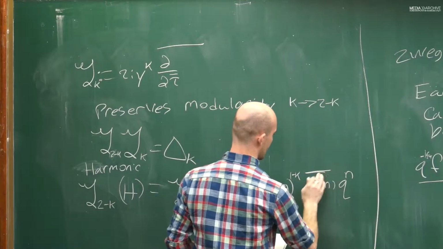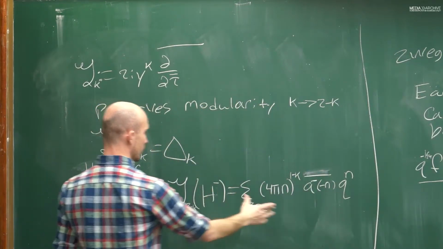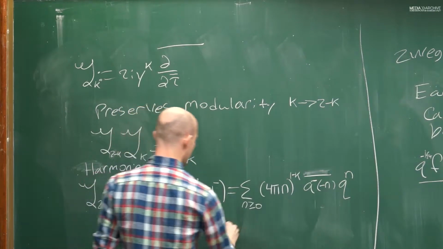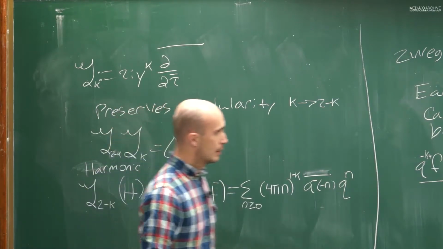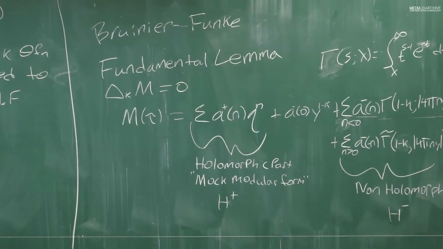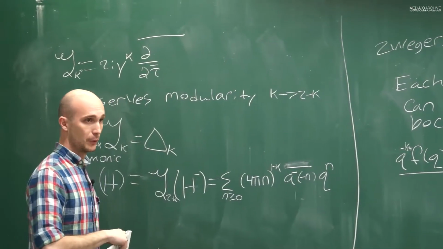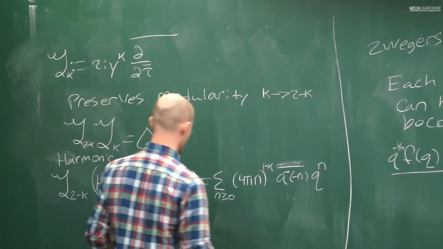So this will give a holomorphic modular form. And if we tweak the growth conditions so that there's no a 0 here, we'll actually end up with a cusp form.